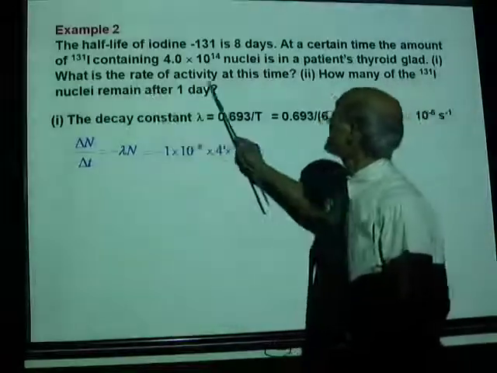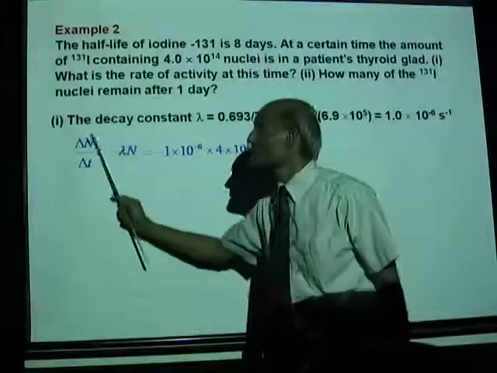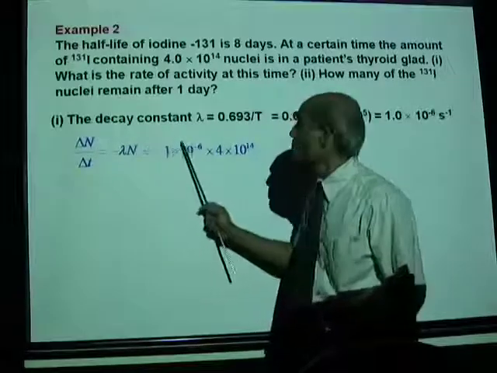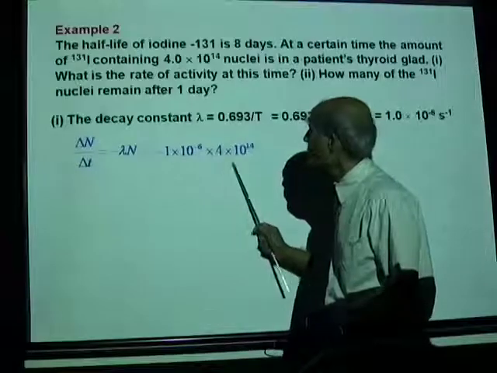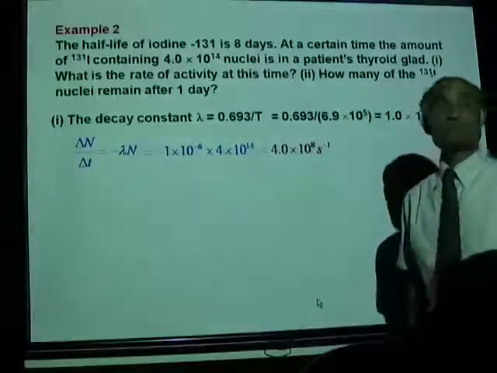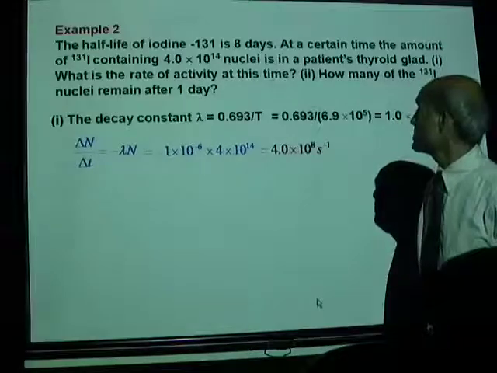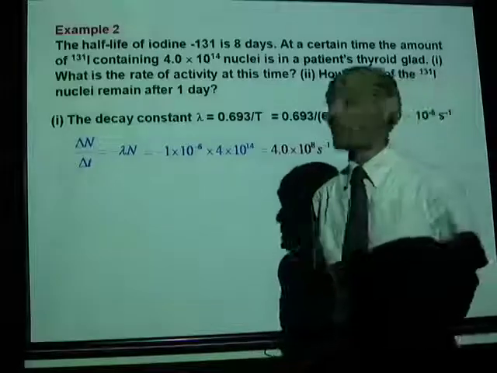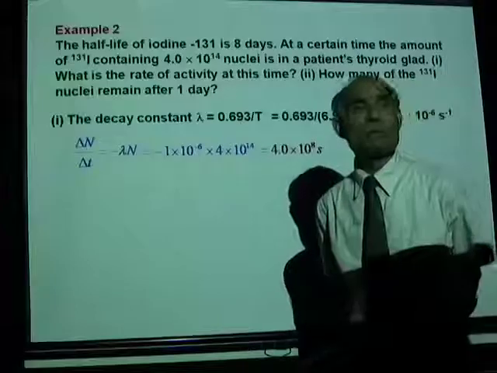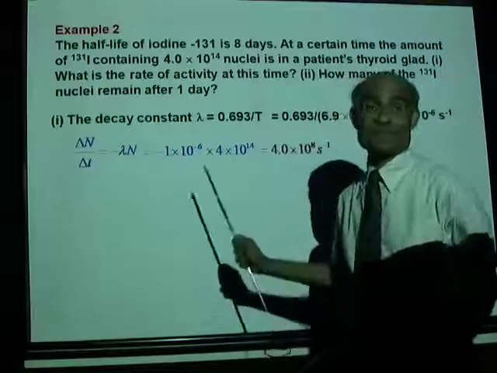We need to find the rate of decay at this time. So the rate of decay, delta N by delta t, is negative lambda N. We have found lambda, we have the N there, and therefore at that particular instant the rate of decay is 4 times 10^8 per second. There are 400 million disintegrations taking place in 1 second at that time.